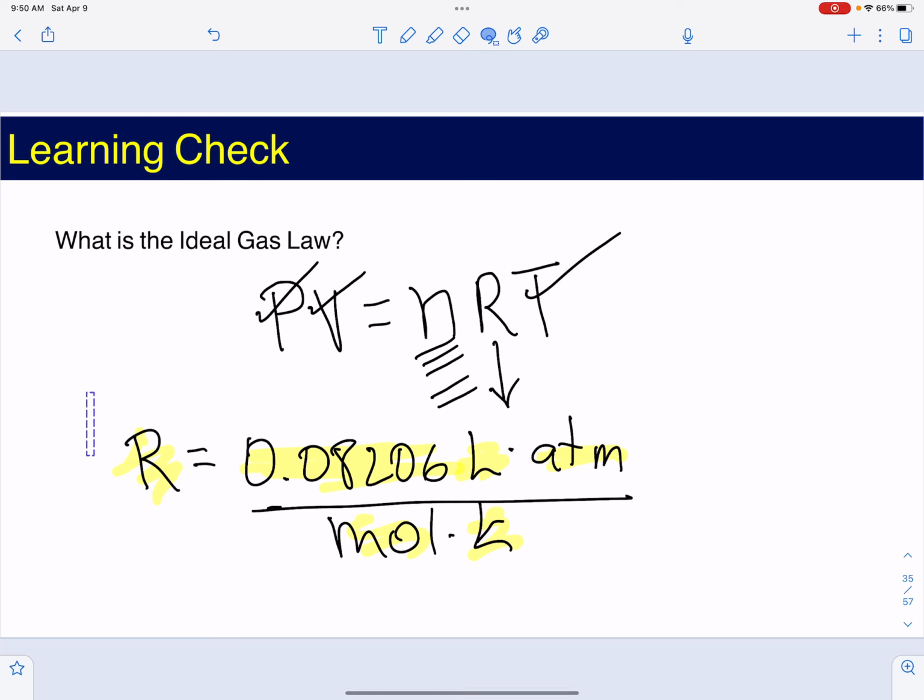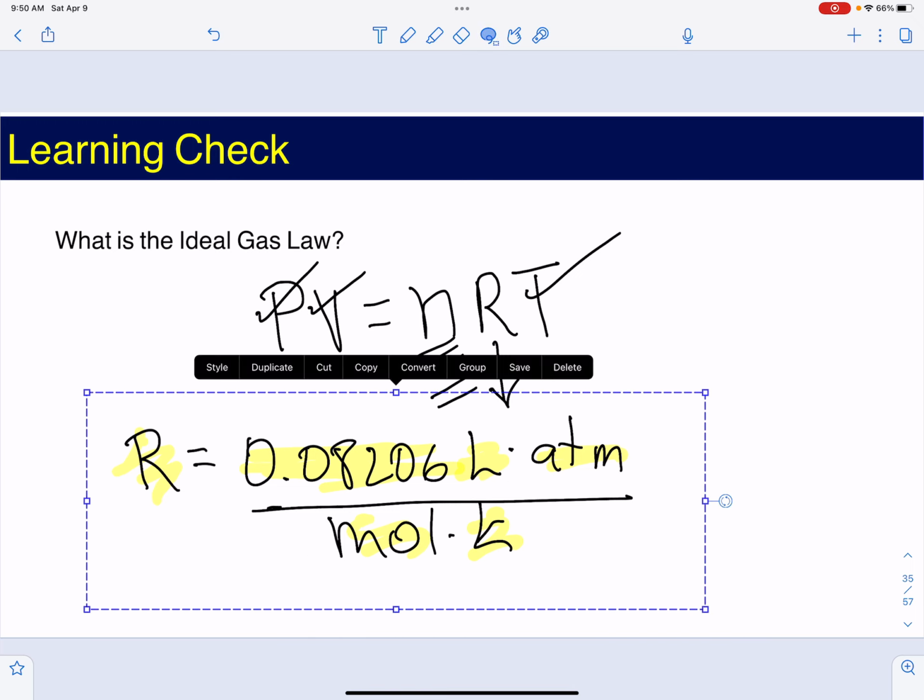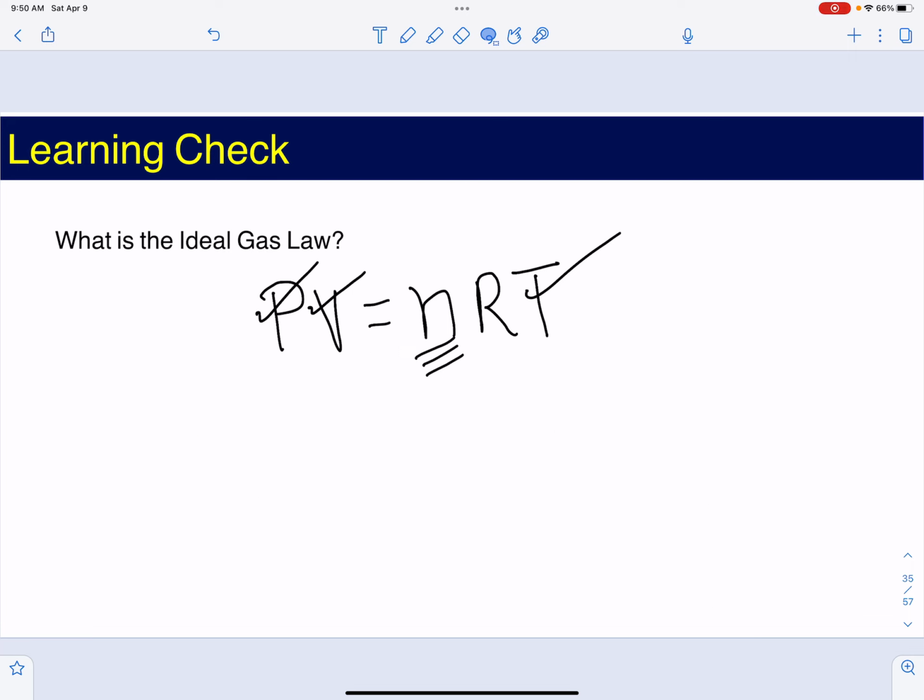So like I said before, this formula allows you to calculate here and now situations given 3 of the variables.